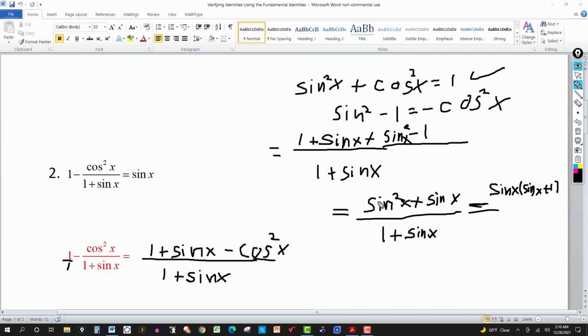Okay, I'm just factoring, just like if you had x squared plus x. Factor out the x, you get x, and then parentheses x plus 1. The only difference here, instead of a plain x, is sine of x. At the bottom, we still have the 1 plus sine of x.